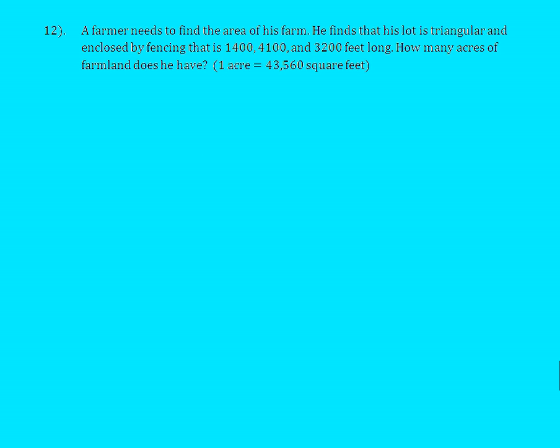Two left to go. This is our area problem. We need to find the area of this triangular lot. So we're looking at a triangle we'll call ABC. And I have a 1400, I have a 4100, and I have a 3200.